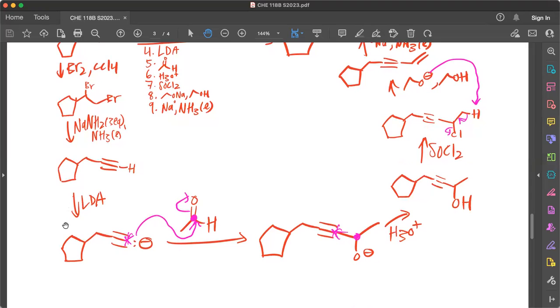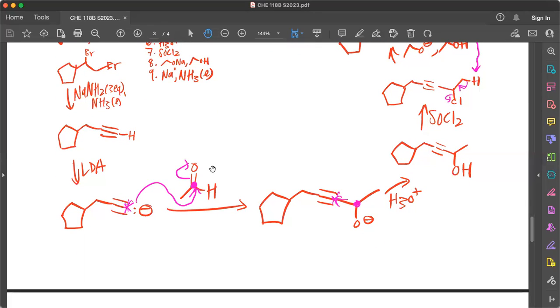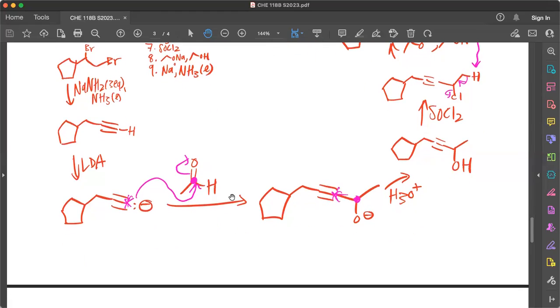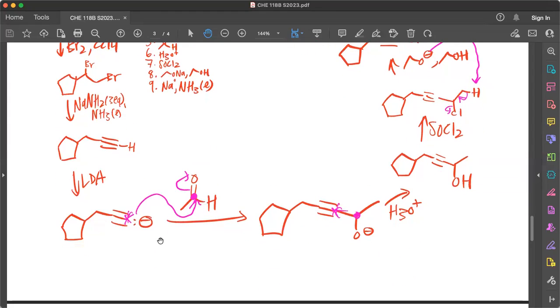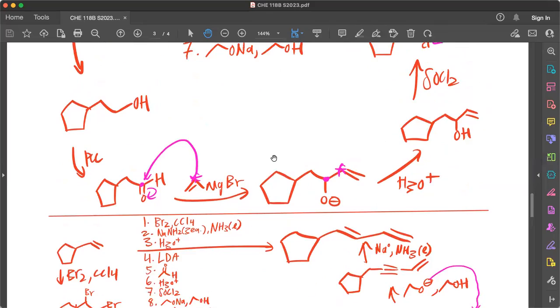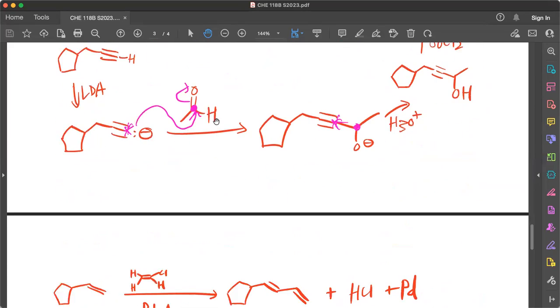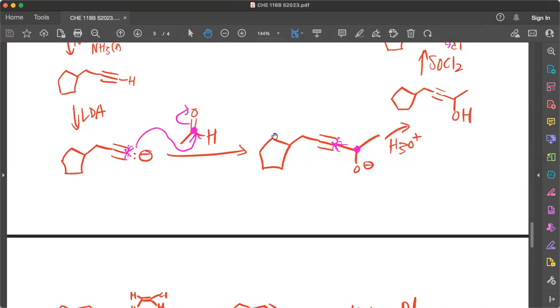And once we have a terminal alkyne, we use a strong base like LDA or NaNH2 to deprotonate this terminal alkyne, giving us our nucleophilic compound here. And then we introduce an electrophilic aldehyde here. Since we see that we added a 1,2 carbon chain, then we're going to add 1,2 here.